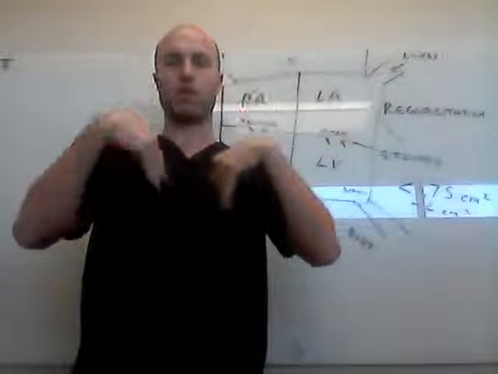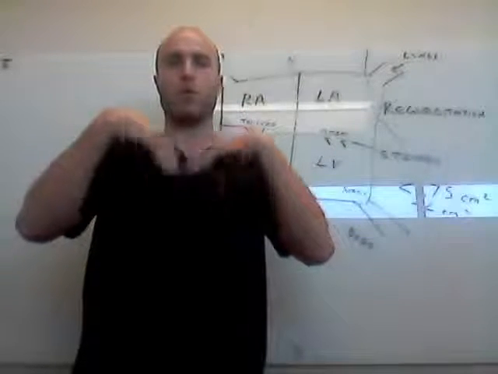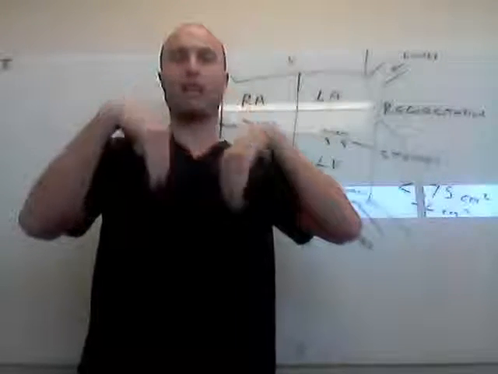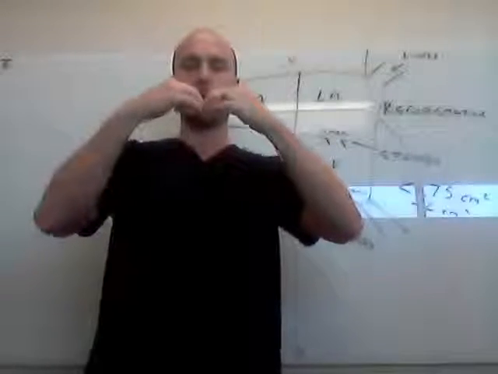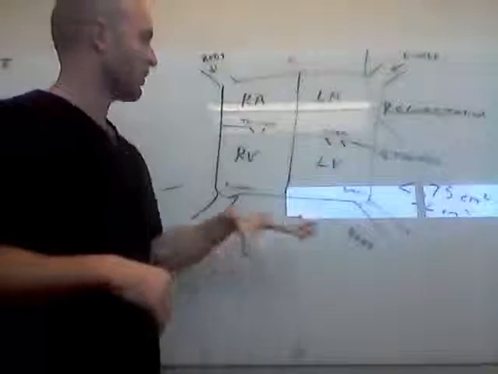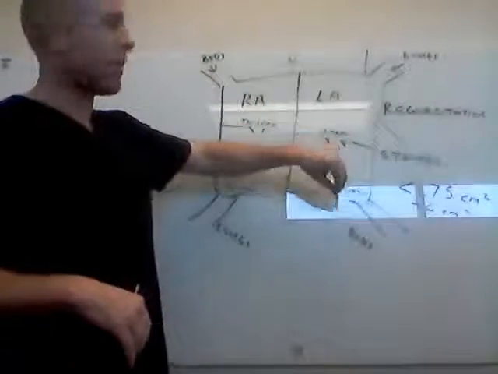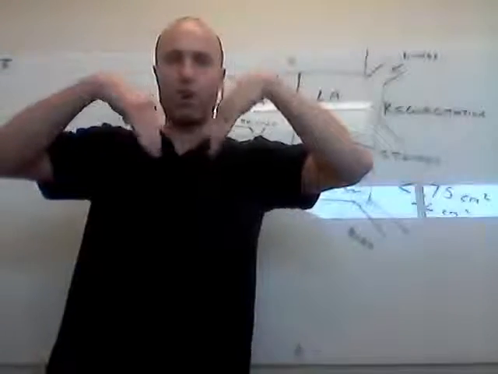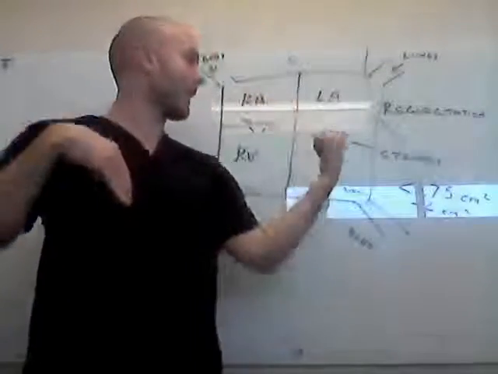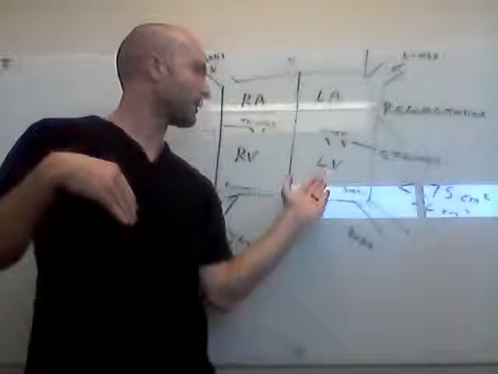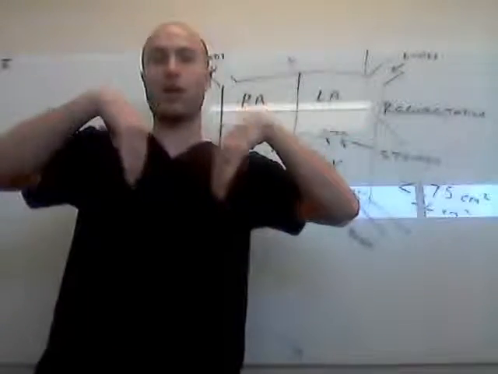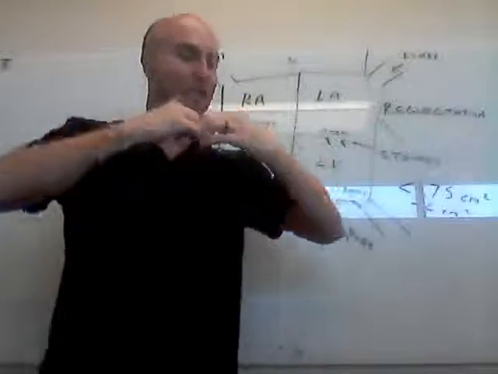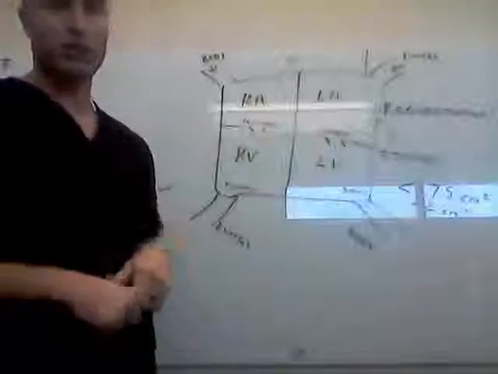When blood is flowing through, they're open. Then when the ventricle clamps down to push the blood out, that sends pressure here, and the flaps catch like a parachute and close. That, at the beginning of systole, when the ventricle contracts, is the first heart sound.